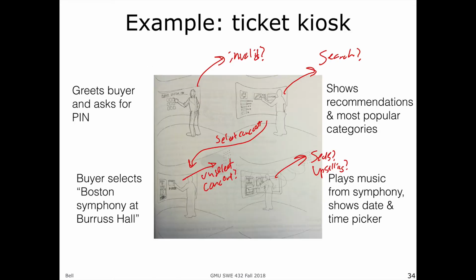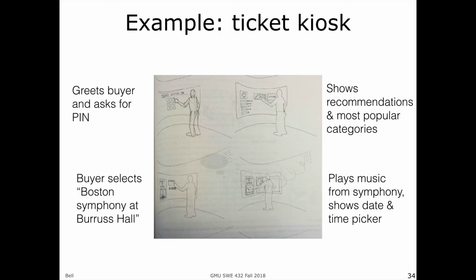Again, maybe adding thought bubbles here is useful to make clear what the user is thinking and how that maps onto the interaction. Oops, I keep doing that, and now it's gone. But in this case, maybe the user has some thought, which is, oh, music sounds good. And then it's kind of clear why the user is going to go down and select a symphony or a concert.